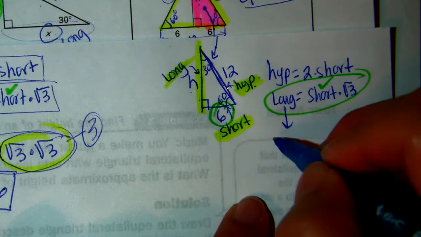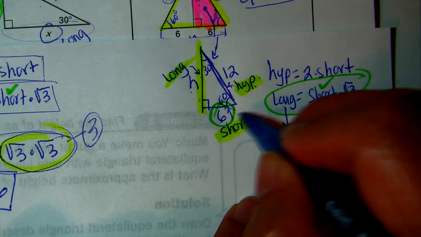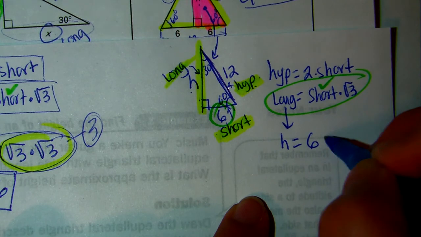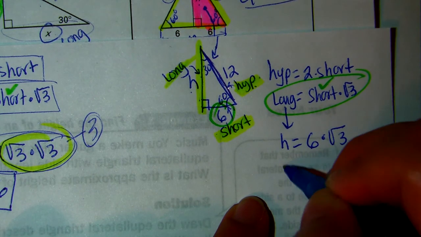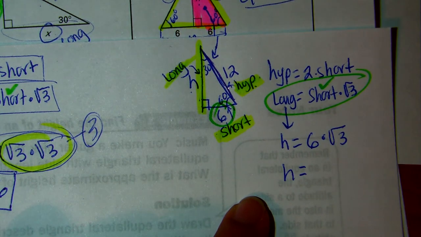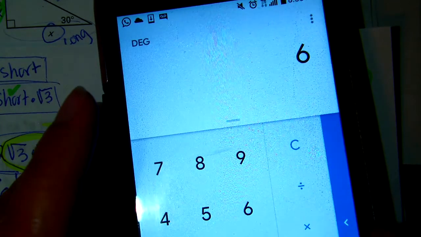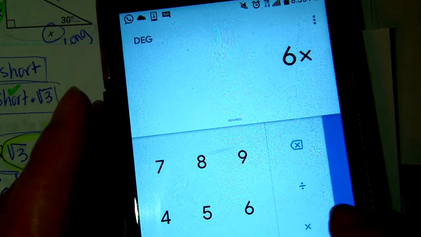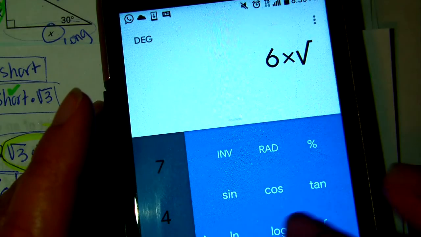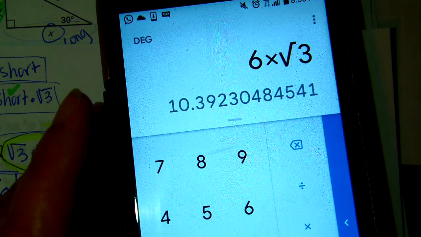Long is letter h. The short is what? 6 times square root of 3. So h equals 6 times square root of 3. 10.39.